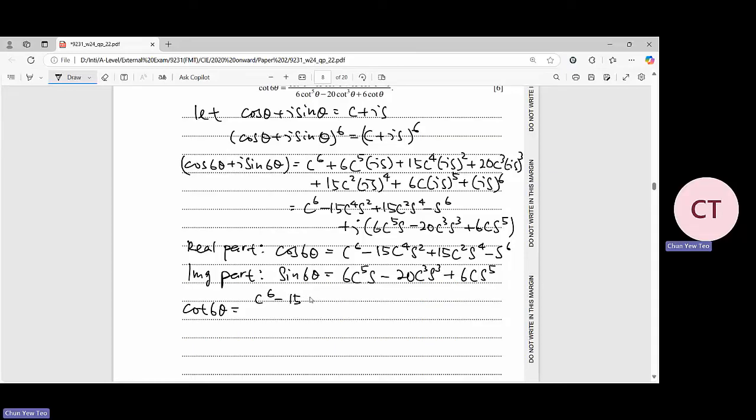Your numerator is cos 6 theta, like this. And your denominator will be 6c power 5 s minus 20c cube s cube plus 6c s to the power 5.